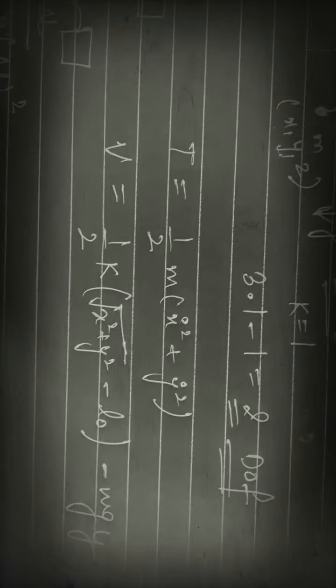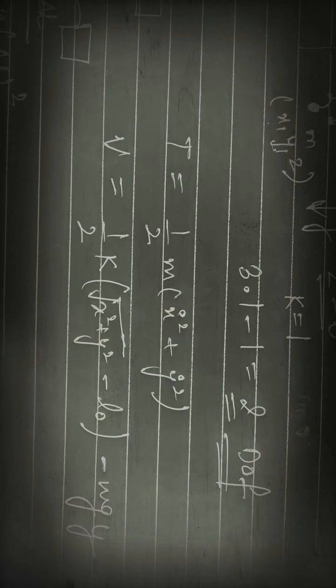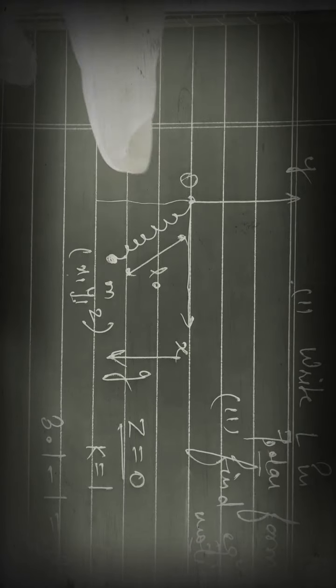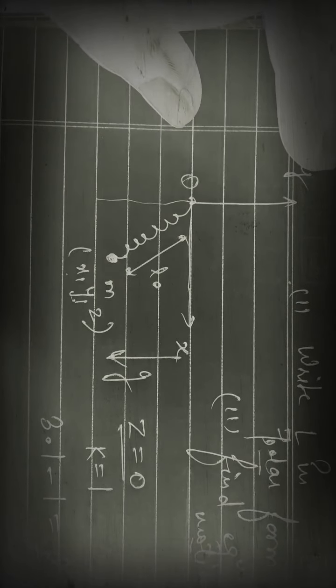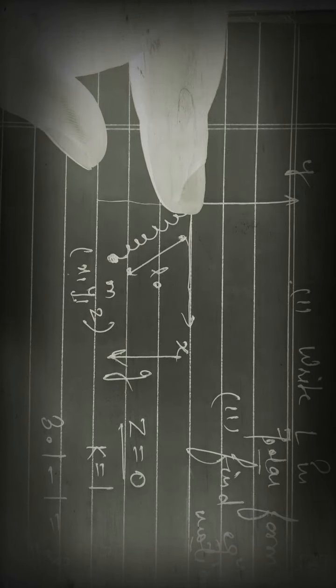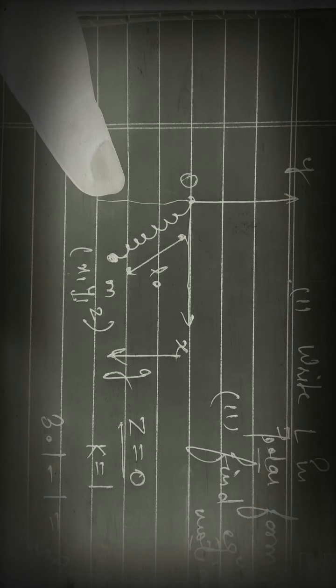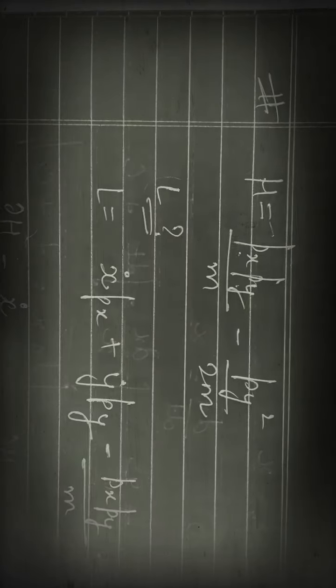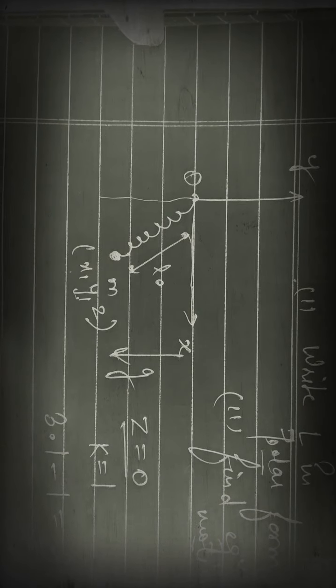This is the displacement we are talking about. Then minus mg y. Why have I taken minus here? Because the bob is below the origin. The origin is here, the positive direction leads to a positive sign, and it is downward, so we are taking minus here.